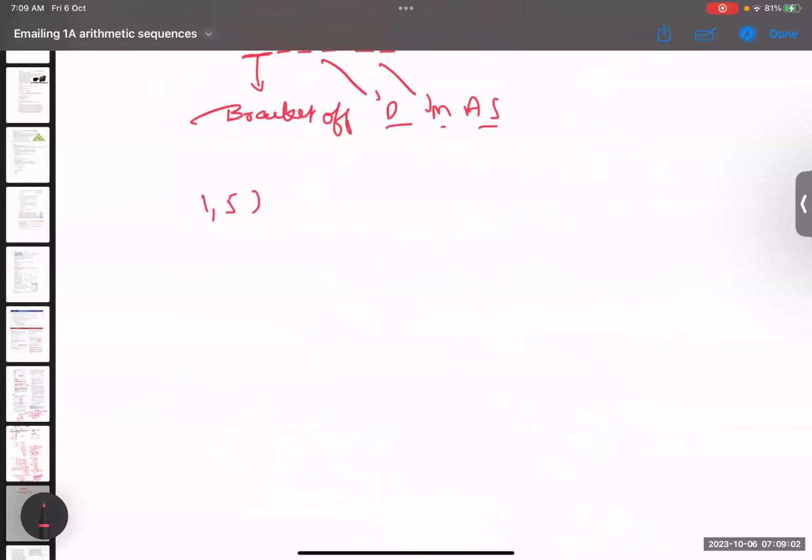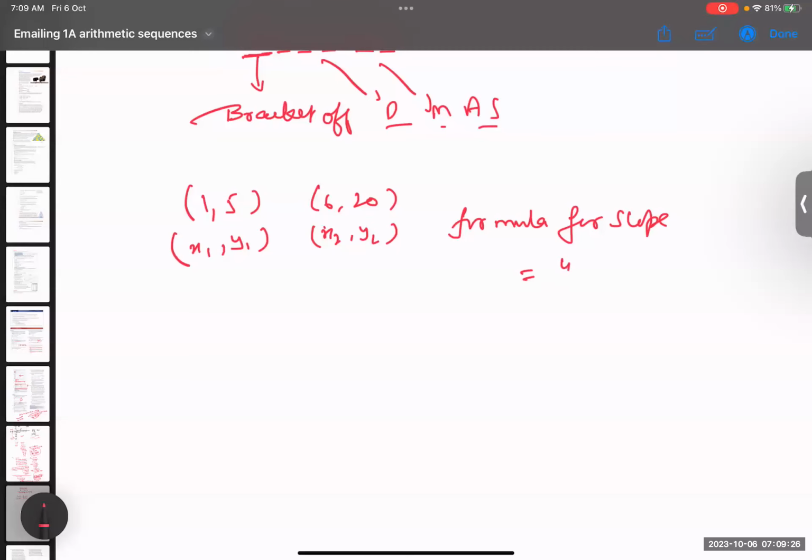This 1 is known as x1, this 5 is known as y1, this 6 is known as x2, and this 20 is known as y2. The formula for slope, you have to memorize: y2 minus y1 over x2 minus x1.